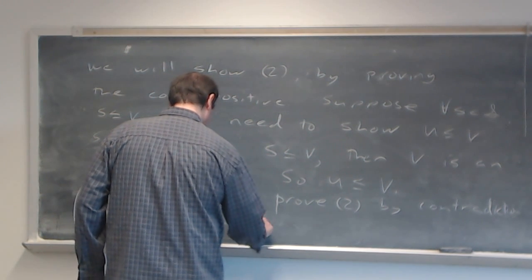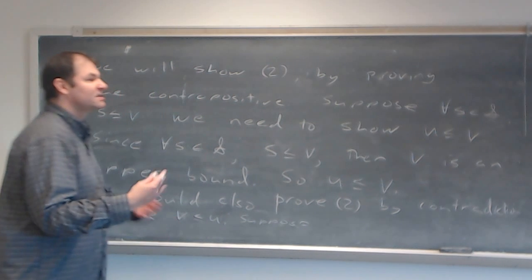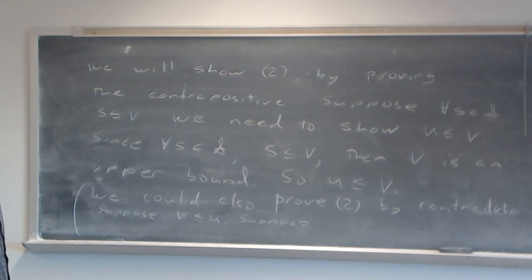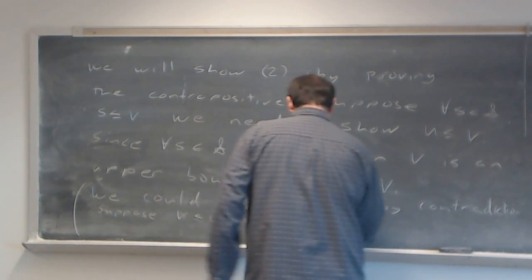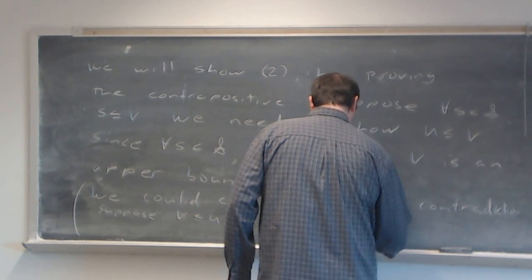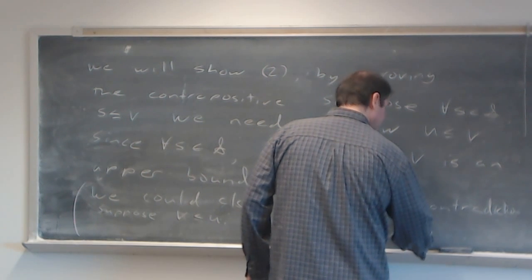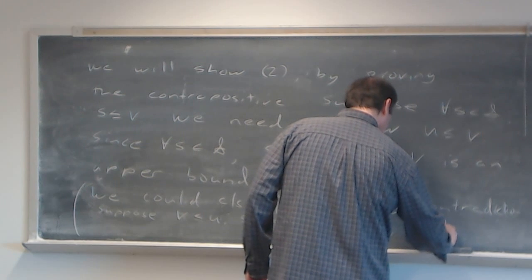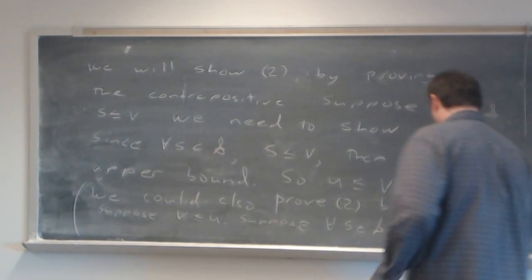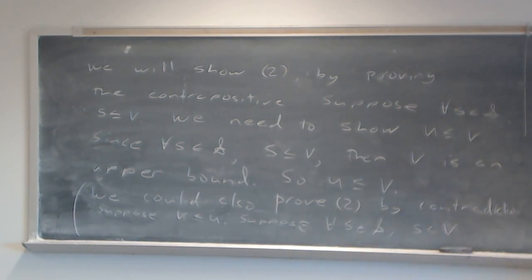Suppose the opposite of there exists some S prime in script S such that V is less than that. Suppose for all S element in script S, S is less than or equal to V. So it's essentially going to be the exact same argument. So you're basically trying to say here that V is not an upper bound? Yes. Well, I don't know about that for the contradiction, but V isn't going to be an upper bound.